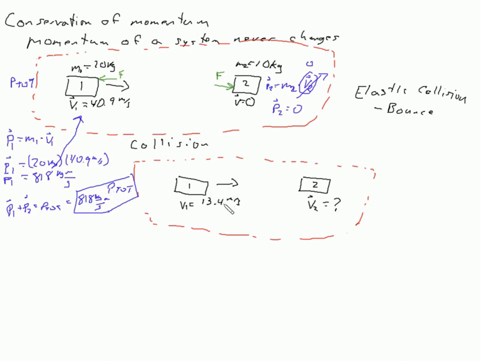So let's look at the details of the after. Remember, the mass is still 20 kilograms for box 1, and the mass is still 10 kilograms for box 2. And so we need to find the individual momentums of these. So box 1 is its mass, 20 kilograms, times its velocity, 13.4 meters per second.